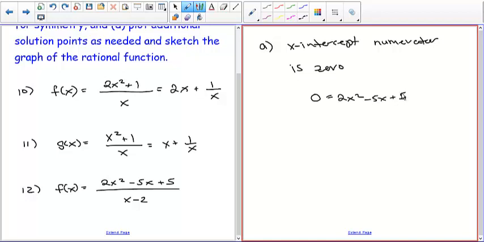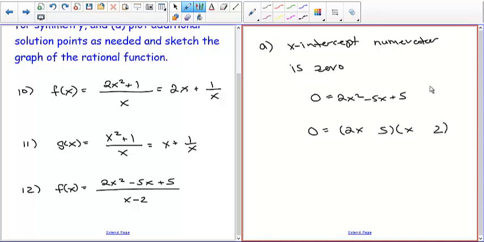So what are the ways we could try this out? You could just try inspection. The first 2 things have to be 2x and x. And then the last 2 have to be 5 and 1. Let's just try one and the other, see what happens.